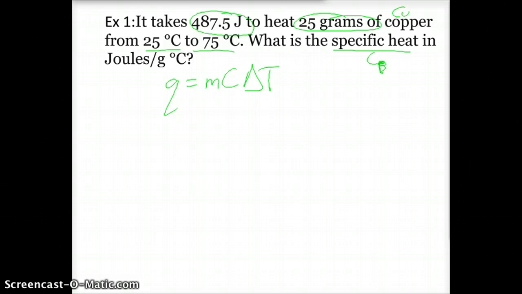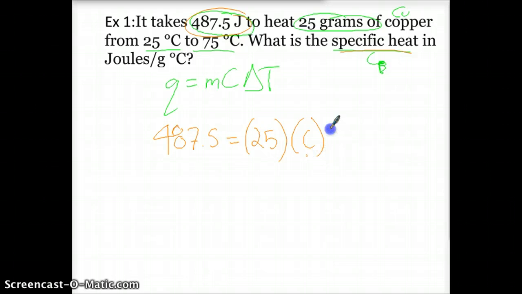Let's go ahead and plug in some numbers here. Well, what's given to me? I know the amount of heat is 487.5 joules. Do I know my mass? Yep, I have 25 grams. It's asking for my specific heat, c. And my change in temperature. Well, remember, this is my final minus my initial. So what was the final temperature? Well, I heated it up from 25 to 75.